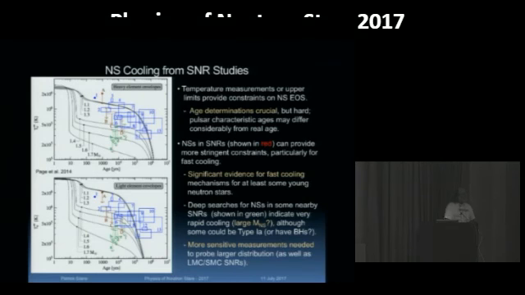Say the last part again. Velocity more than 1,000 kilometers and even several thousand kilometers per second. Is it possible to provide them by ejecta asymmetry?